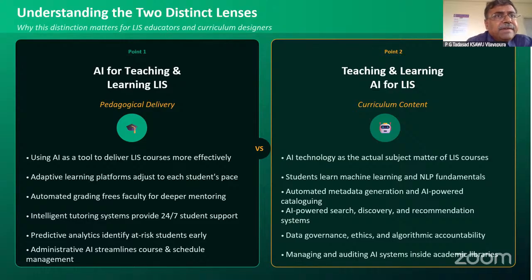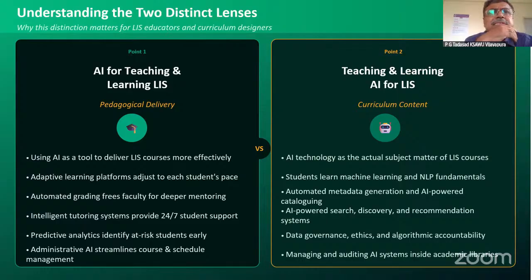Now we can also identify at-risk students who are not understanding, who are understanding, who cannot cope up with the pace. So we can make a risk analysis. And the next point is administrating the entire AI courses, streamlining the administrative point from timetable setting to scheduling, everything, organizing classes and all that.